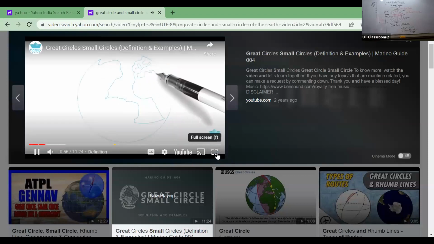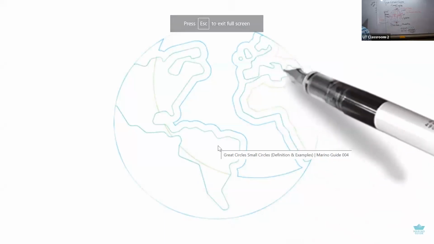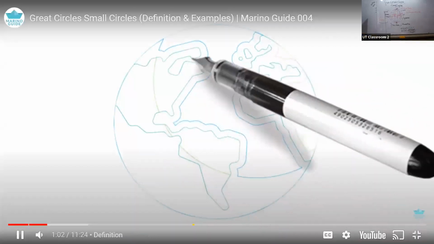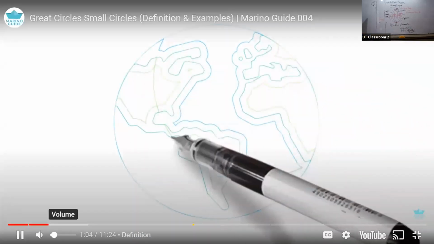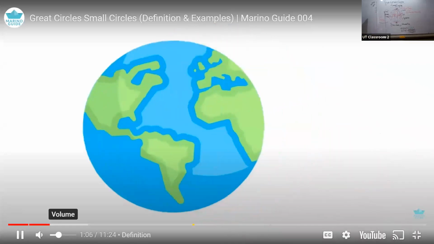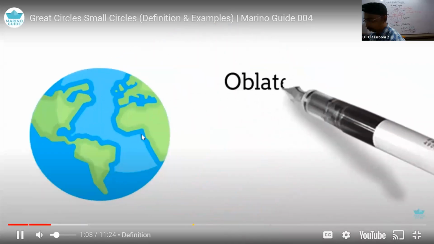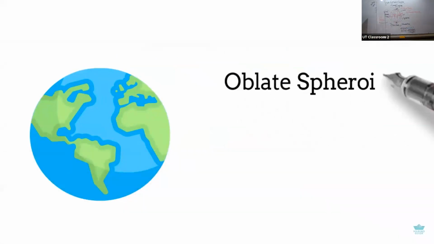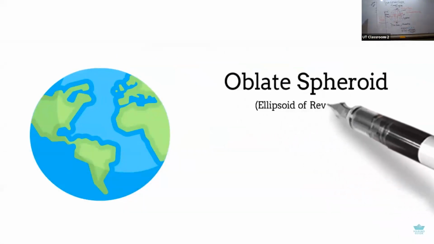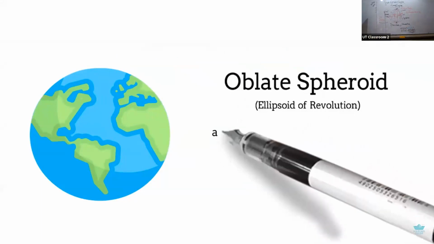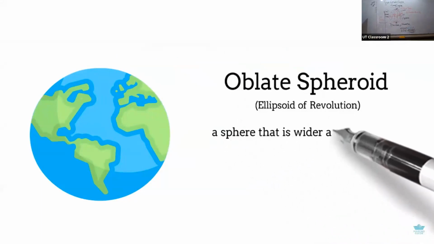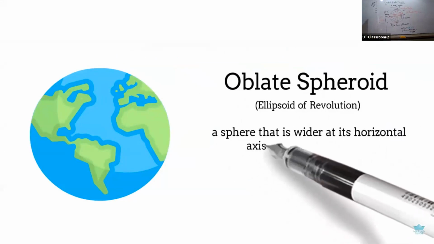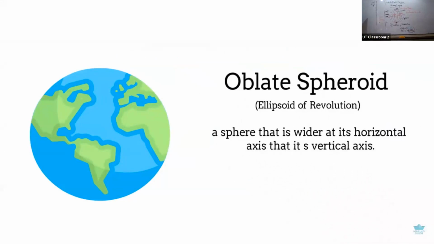During our elementary or grade school years, we all know that the Earth is not a perfect sphere. What is it? The Earth's shape is oblate spheroid. But what is the meaning of oblate spheroid? Oblate spheroid, or ellipsoid of revolution, is defined as a sphere that is wider at its horizontal axis than its vertical axis.